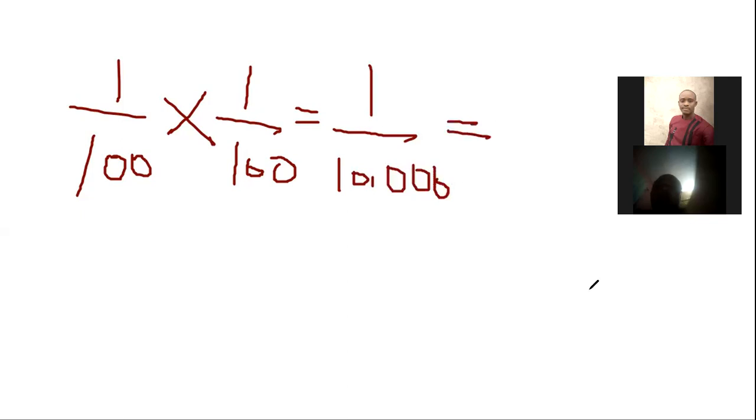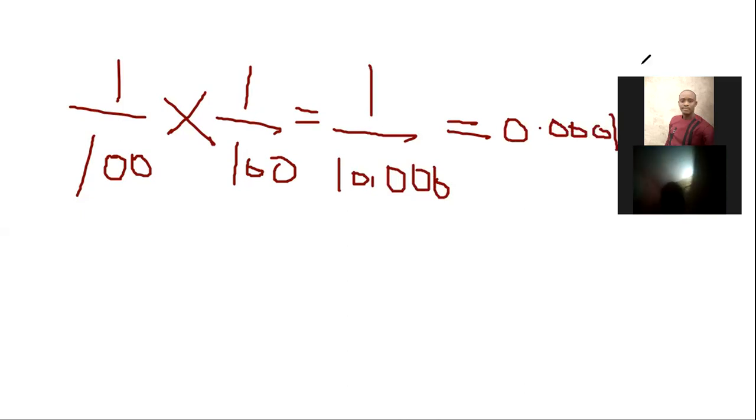Now, class, do your mathematics very well. 1 divided by 10,000 is 0.0001.